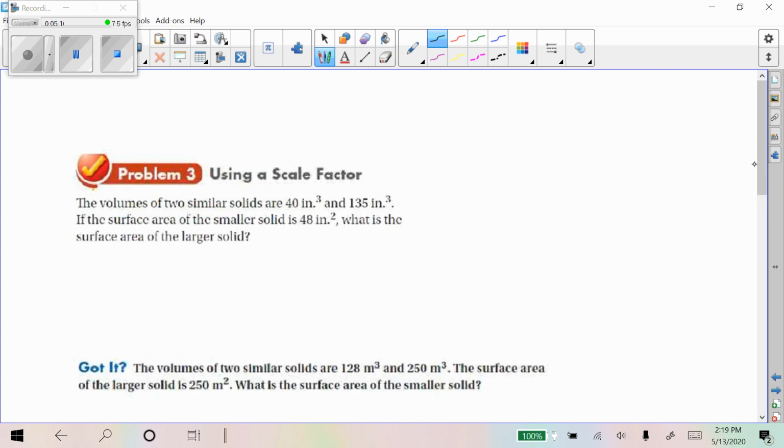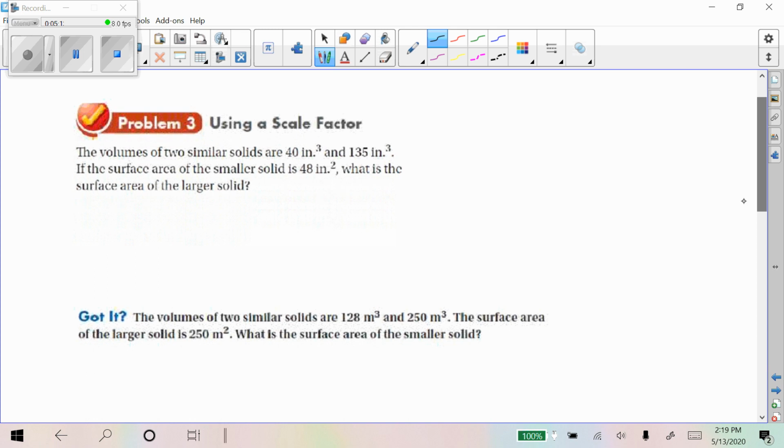All right, so we're going to use that scale factor to help us do a problem relating similar solids a little quicker. So it says here are the volumes, 40 and 135. If the surface area of the smaller solid is 48, what is the surface area of the larger solid? So what we're going to do is take this and turn it into a ratio, 40 over 135. Let's simplify that as much as we can.